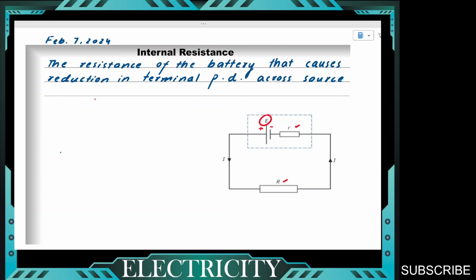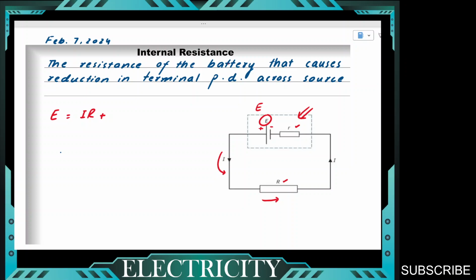So what I can write is, if this is the overall EMF, then as the current flows, some of the voltage would be dropped across this one, which is I times capital R, plus some of the voltage would be dropped across the other resistance, which is the resistance of the battery, aka internal resistance.